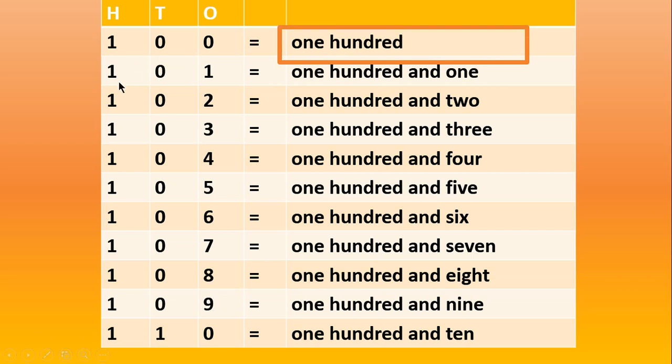It is 101. So when we are writing after 100, how are we going to write it? ONE 1, HUNDRED 100, and ONE 1, 101. We are going to introduce 'and' between 100 and 1.